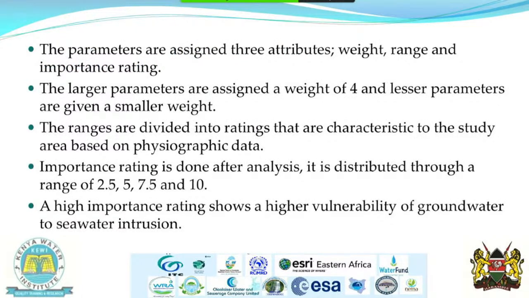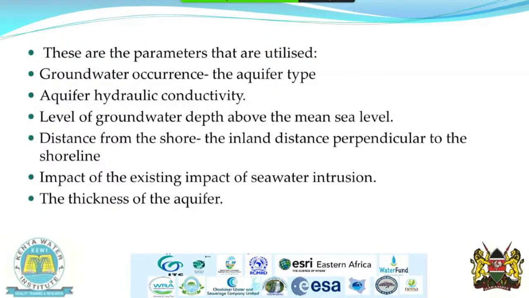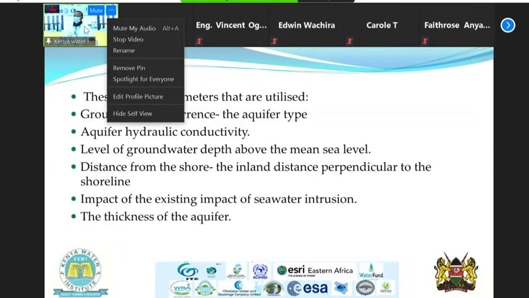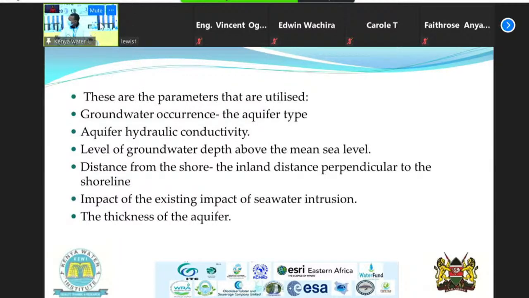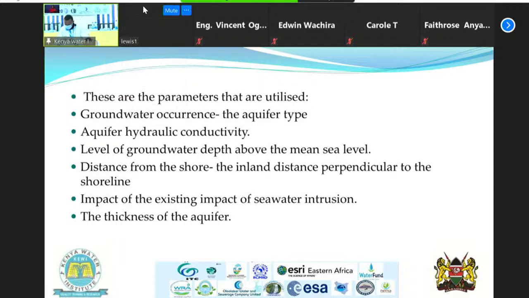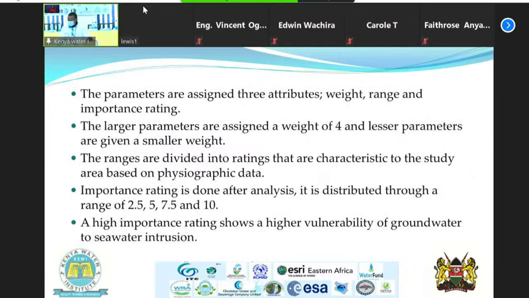The parameters are groundwater occurrence, the type of the aquifer, whether it is confined or unconfined, the aquifer hydraulic conductivity, the level of groundwater, the distance from the shore, and the existing impact. Then finally, we have the thickness of the aquifer.